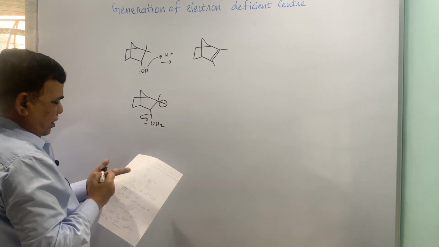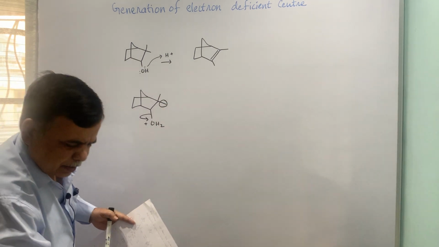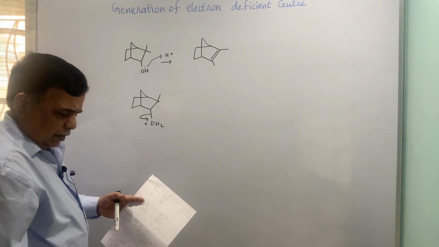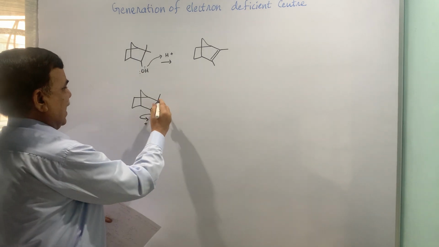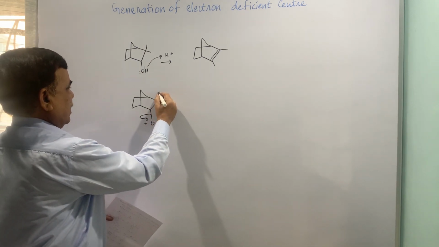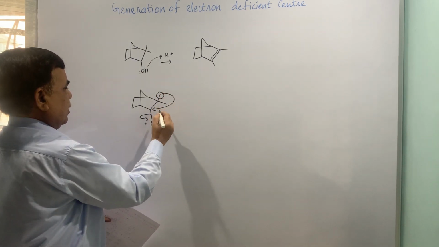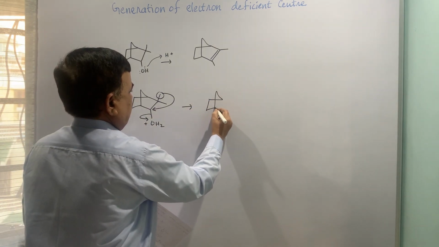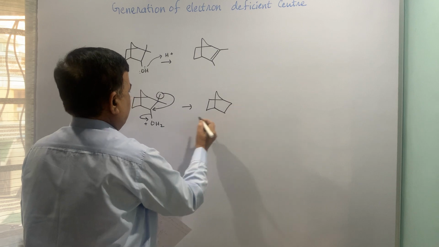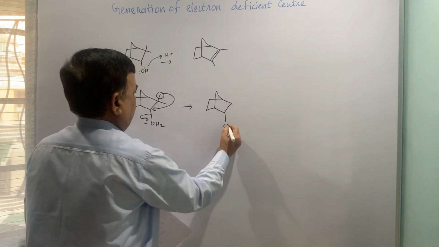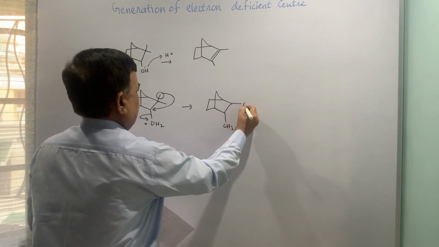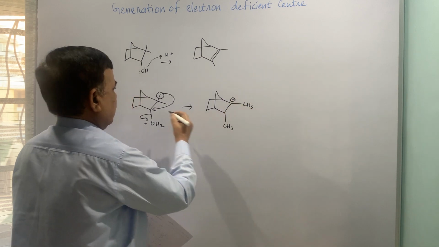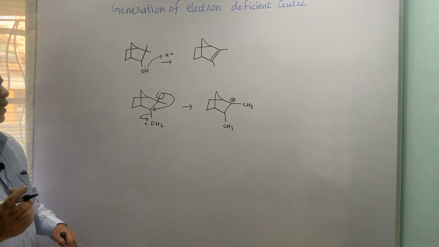Now generally what happens is, I will just clear the things here. The group which is anti migrates. So let me show this group here, and this is the leaving group, the water, and now we have got CH3 here, and now this will turn positive because the tetravalency is disturbed.